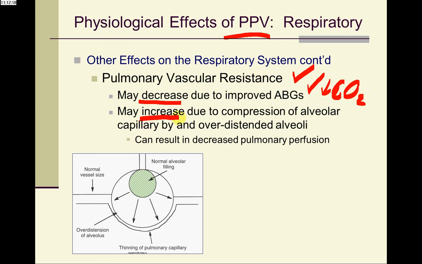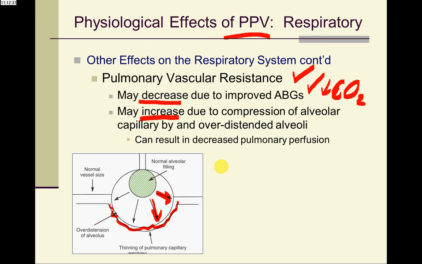We may get an increase in pulmonary vascular resistance when we have actual compression of the alveolar capillary membrane and the capillary around the alveoli with overdistension of the alveoli. So the alveoli is pushing out here and it's increasing pulmonary vascular resistance, so very little blood gets through here.